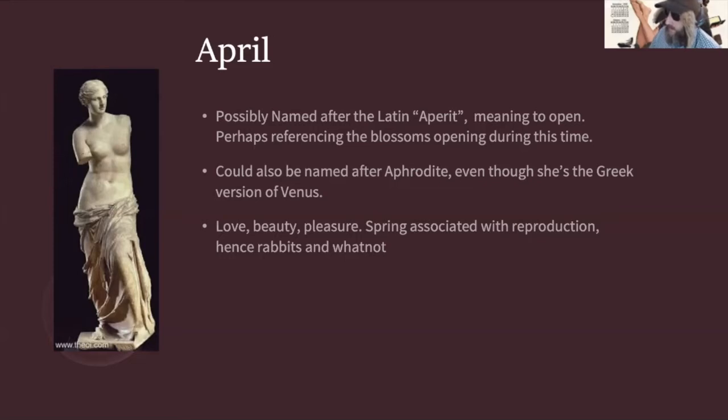It could also be named after Aphrodite, even though she's the Greek version of Venus. So instead of a Roman root, it had a Greek root. And as we know, she's the goddess of love, beauty, pleasure, and spring is associated with reproduction. Hence, Easter and rabbits and whatnot.